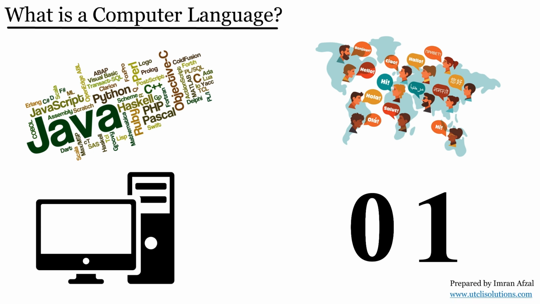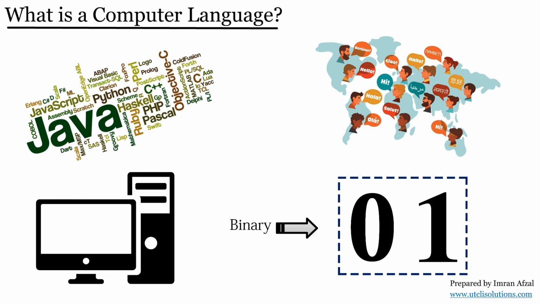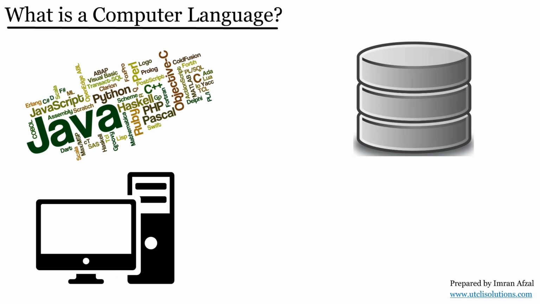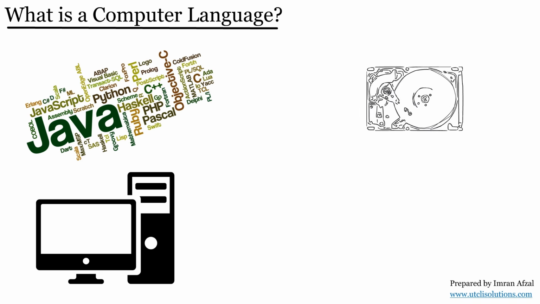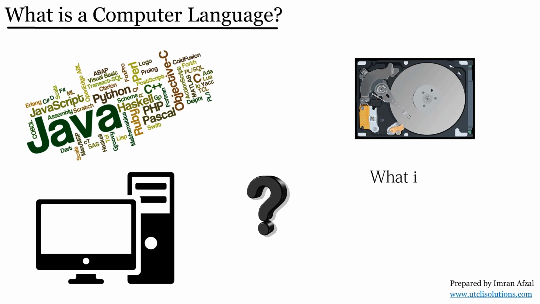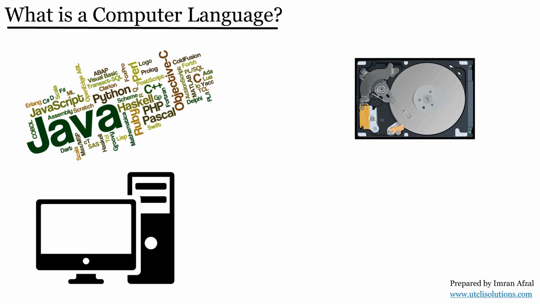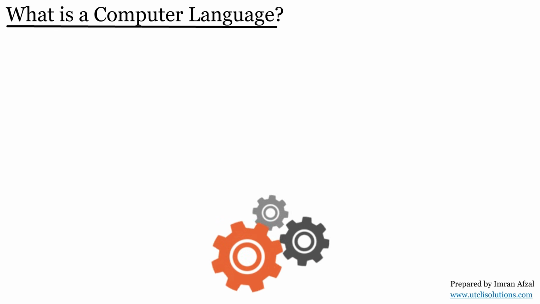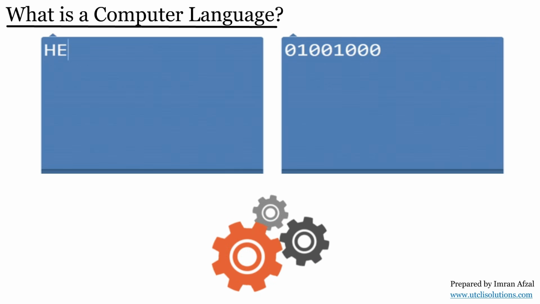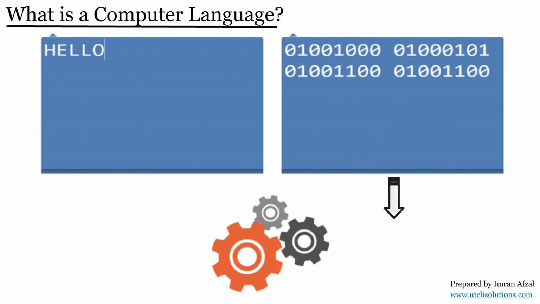Computer language, that zero and one language, it's called binary. Computer stores all characters as numbers on hard disk because computer doesn't know what is hello or how are you. Computer converts that into these numbers, zeros and ones, and that's how it stores that into the hard disk. The process of converting that data into binary code is called encoding.